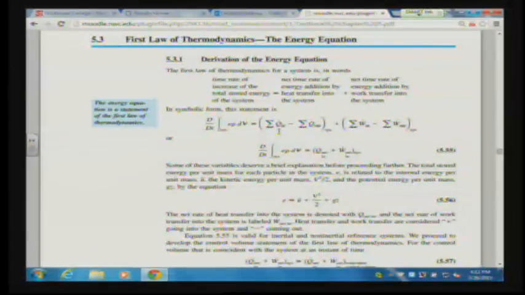Here it means heat, can also mean volumetric flow rate, but Q dot is a rate of heat addition, Q dot out, a rate of heat removal from the system, plus the rate at which work goes into the system, minus the rate at which work goes out of the system. And it simplifies to the material derivative d/dt of the system integral of little e rho dV equals Q dot net in, so that's just taking into account the ins and outs, and the work net.